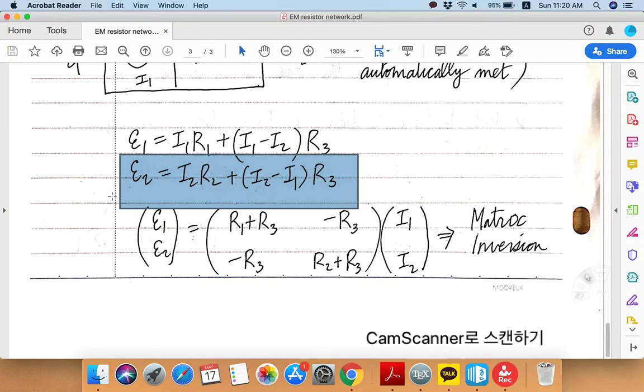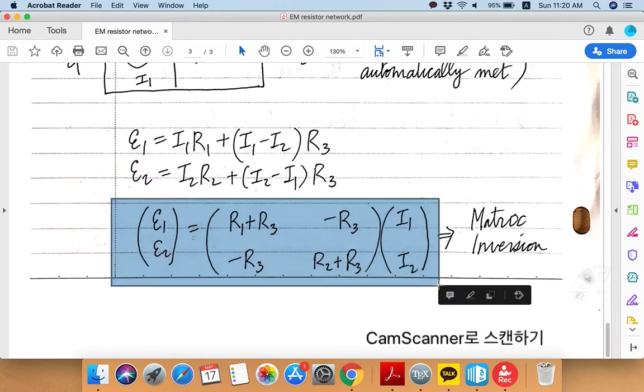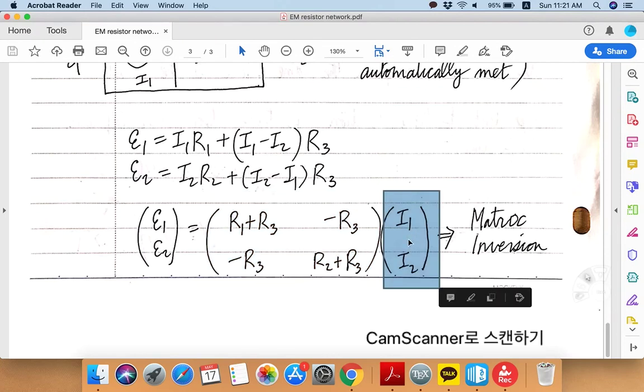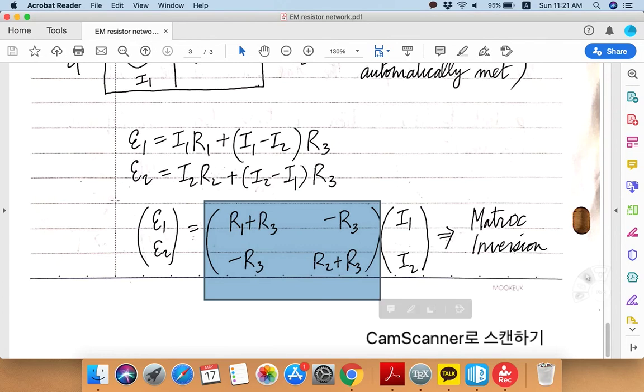Now, it should be rather easy for you to realize that this whole set of equations can be formulated as a linear algebra problem. Okay, so you have some sort of resistor matrix like this acting on the current vector. So you collect all the current variables into a column vector, act on it with the resistor matrix, and the result is a column vector of voltages.